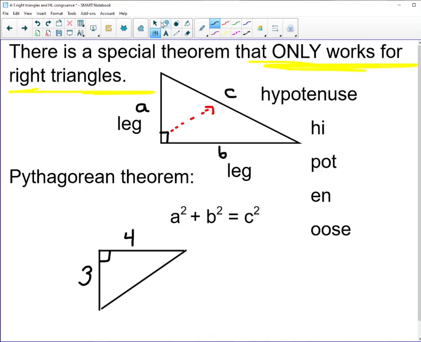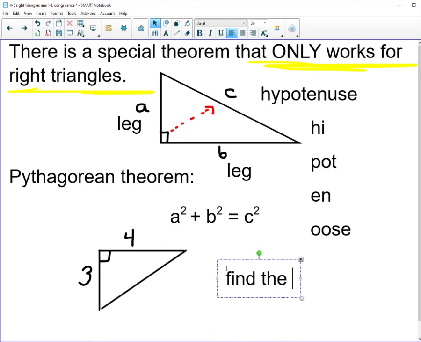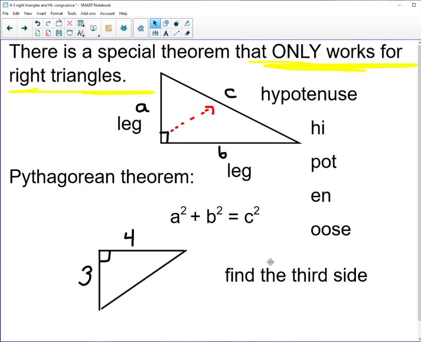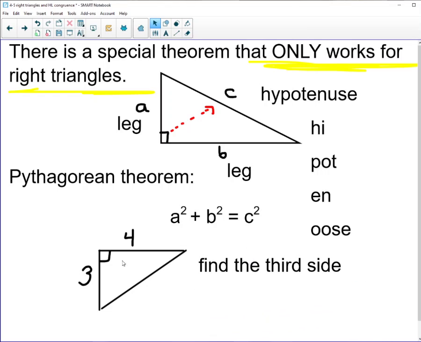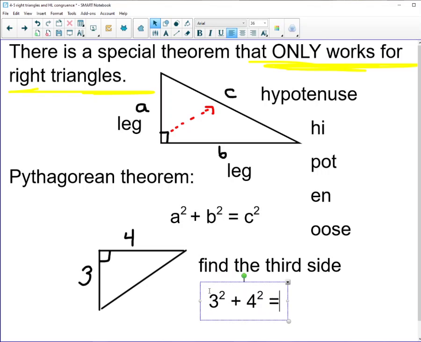I can say, okay, find the third side. So if I was going to do that, all I need to do, well, 3 and 4 are my legs because they're touching the right angle. So I could say 3 squared plus 4 squared is going to be equal to whatever my third side is squared.